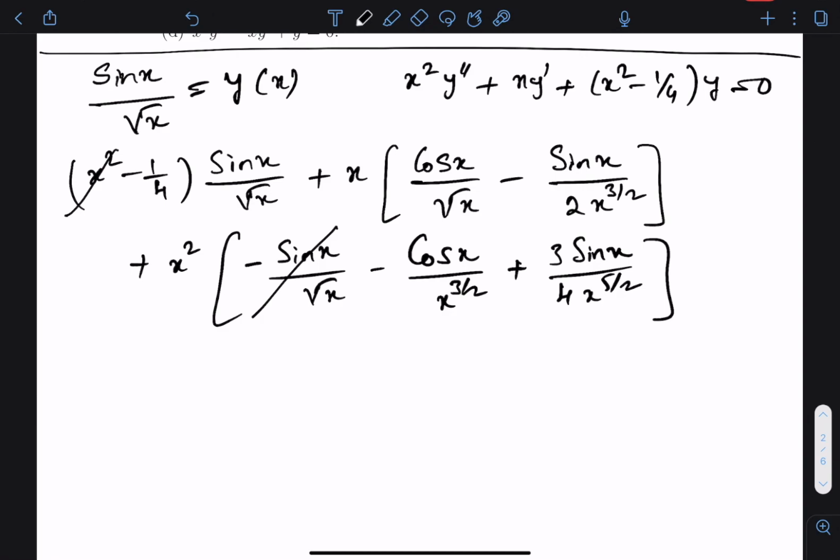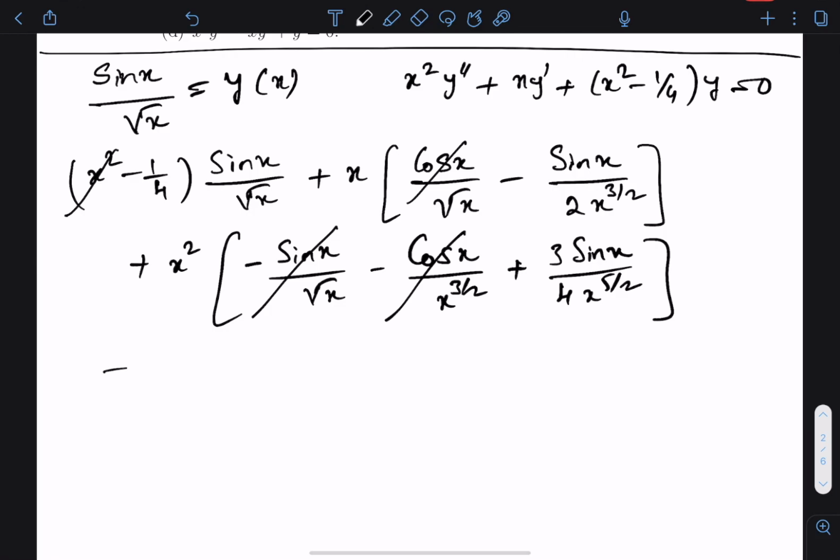Then what else is remaining is the sine terms. With x squared, 5/2 minus 2 leaves square root of x, and 3/2 minus 1 again leaves square root of x.